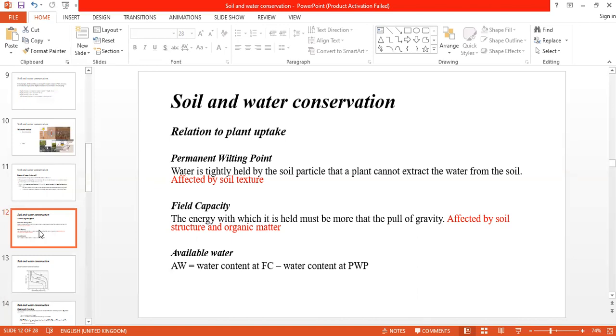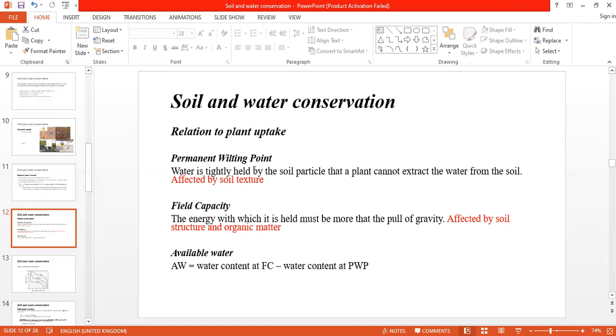In dealing with matrix potential, there are usually two points which we consider. There's the permanent wilting point and what we call the field capacity.